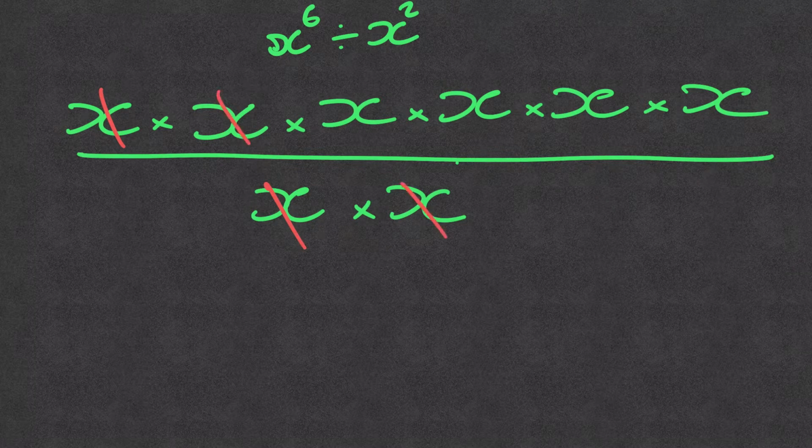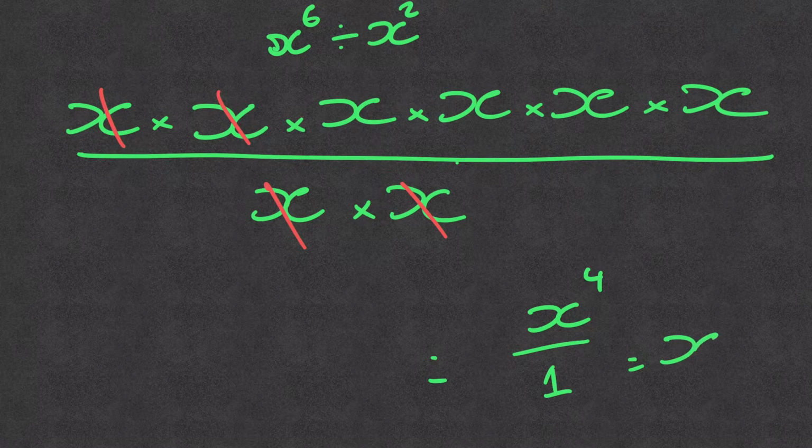Now we're left with 4 x's on the top and none on the bottom. But remember, these aren't zeros, they're ones. So that ends up equaling x to the power of 4 over 1, which is the same as saying x to the power of 4. And if we use that law, 6 take 2 is equal to 4.